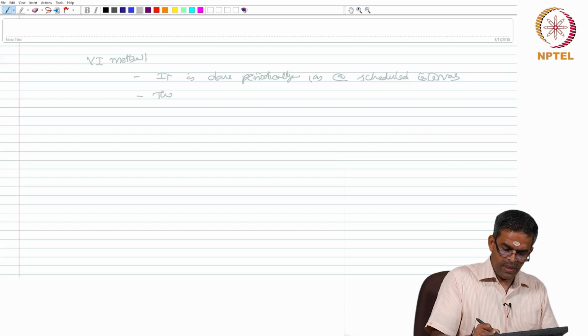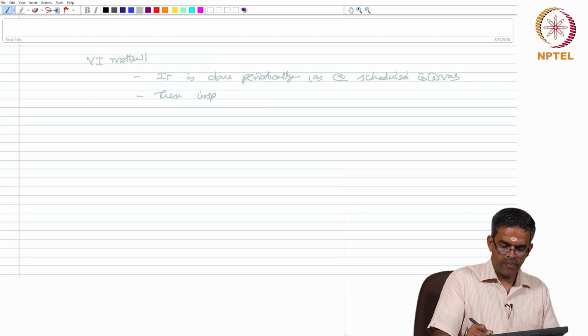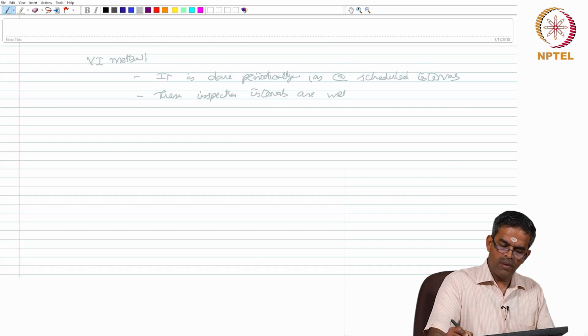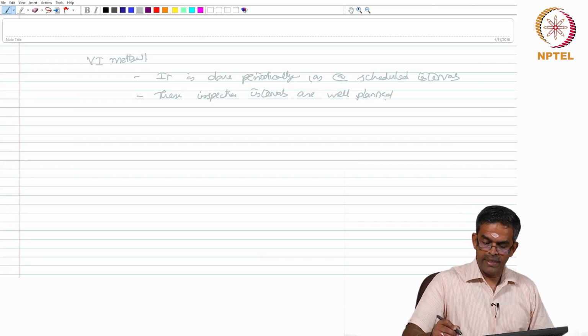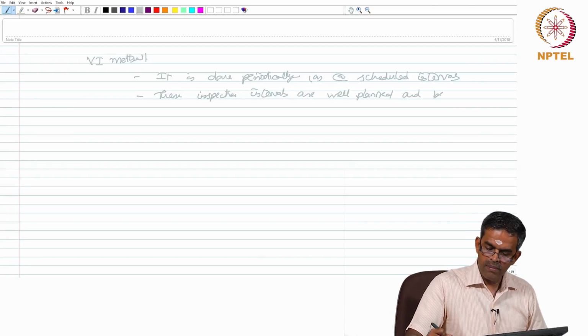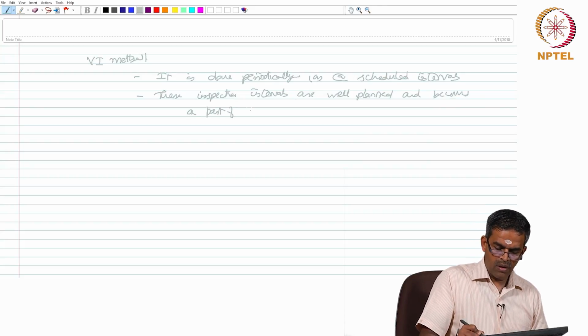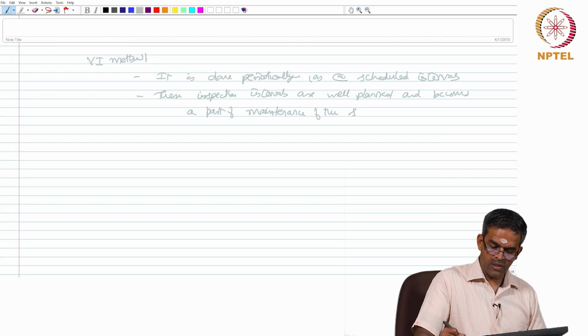These periods of inspection intervals are well planned and becomes a part of the technical maintenance of the structural system.